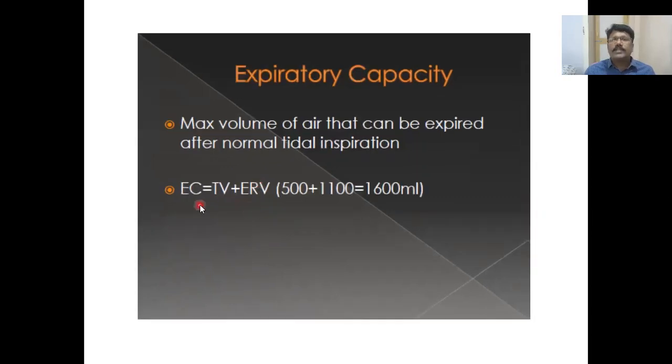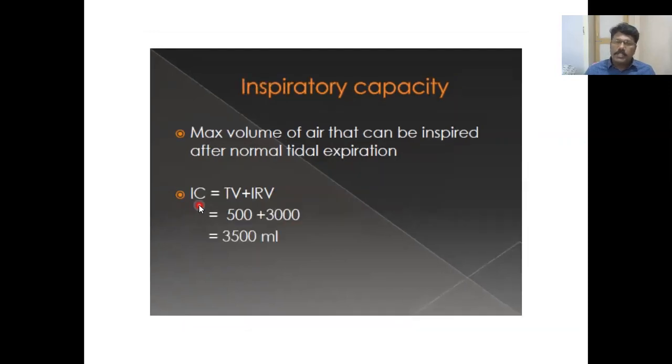Okay, next one is expiratory capacity. Expiratory capacity refers to what I have told earlier, that is the tidal volume plus the extra effort put in sending out the air, that is the ERV. So ERV plus tidal volume gives the expiratory capacity. Inspiratory capacity is how much air, the maximum amount of air, the lung can accommodate. It means the tidal volume, the amount of air that can be taken in during normal or quiet breathing, plus forcible inspiration, that is IRV.